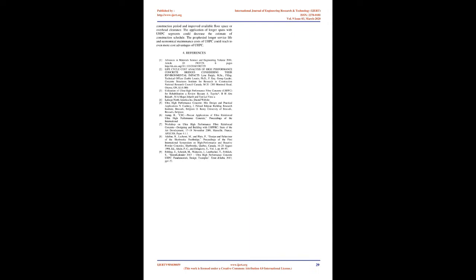Also, handling, transportation, and installation of UHPC members are more convenient due to the ultra-lightweight property of UHPC, usually by a factor of 2, compared to conventional reinforced concrete or pre-stressed concrete elements. This leads to additional cost savings and increasing safety margins in the construction procedures.